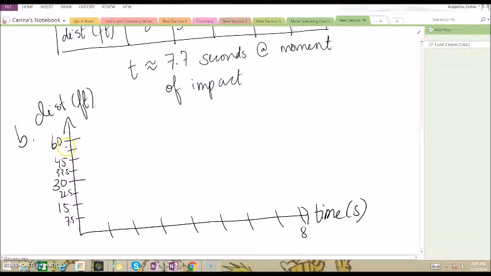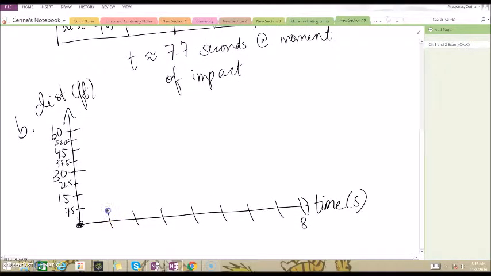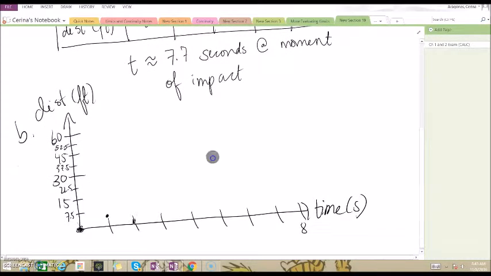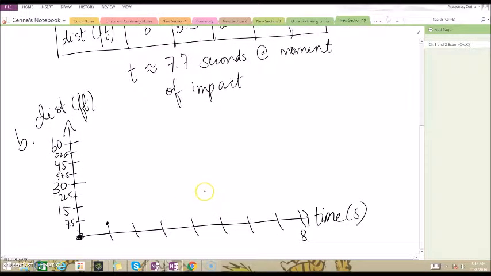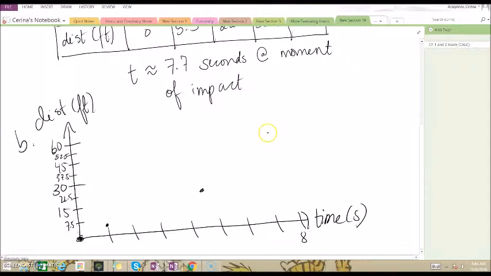So at 0, you were at 0 feet. At 2.3 seconds, you were at 5.3 feet. At 4.7 seconds, you were at 22 feet. At 7.3 seconds, you were at 53.4. And then at 7.7 seconds, you were at 60. So you kind of have this parabola right here.